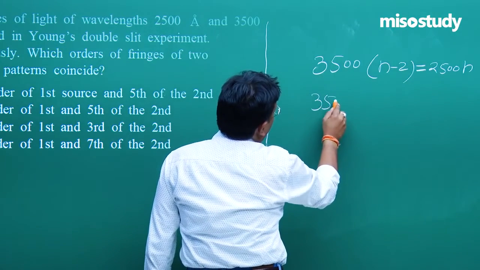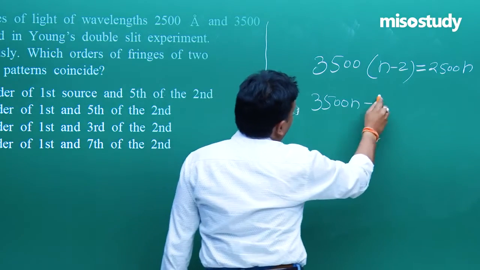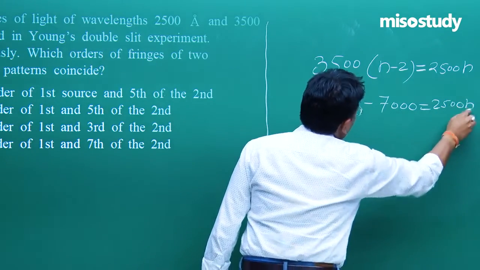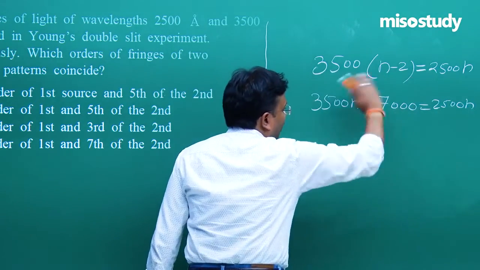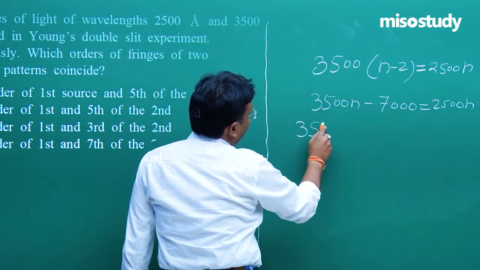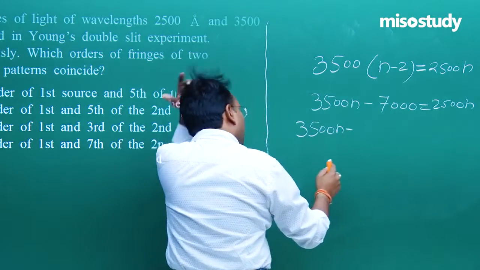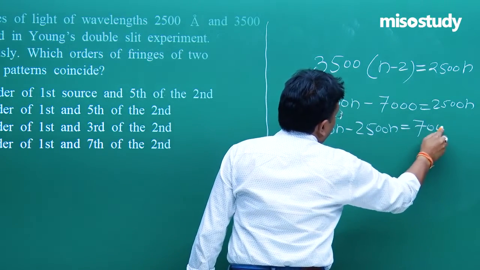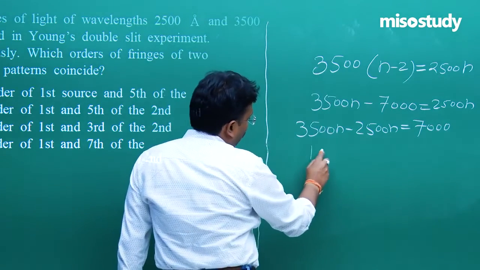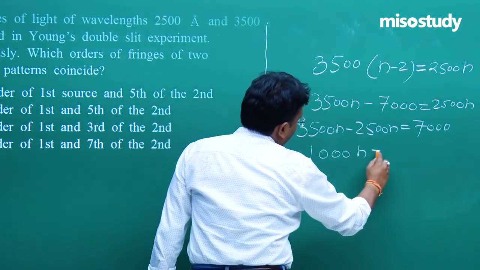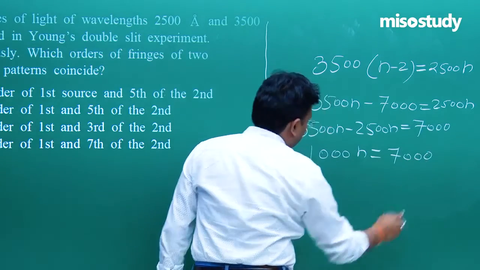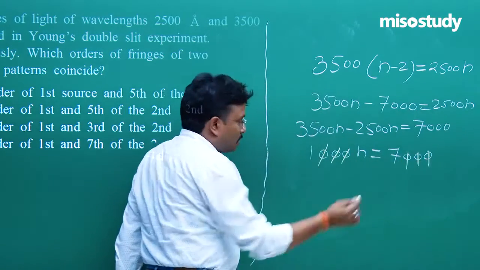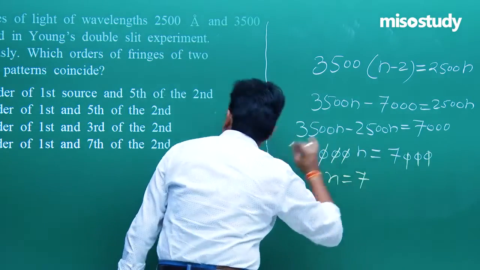It's 3500n minus 7000 is equal to 2500n. Now transfer and arrange the terms. So 3500n minus 2500n is equal to 7000. Fine. So 1000n is equal to 7000. Now just cancel. So n is equal to 7.